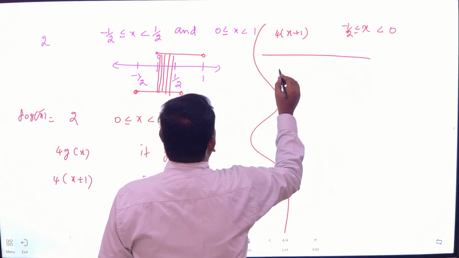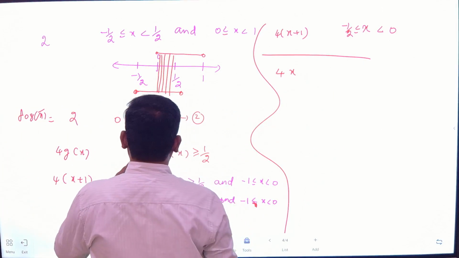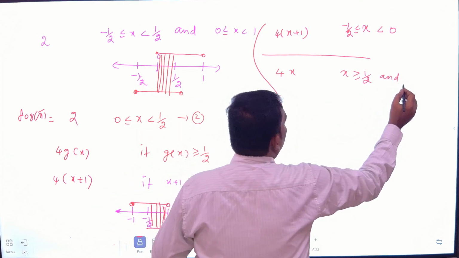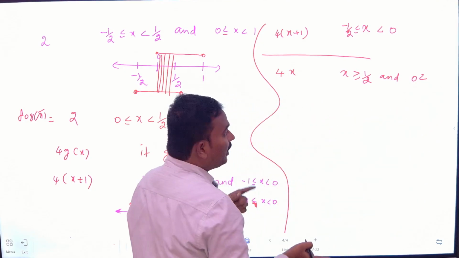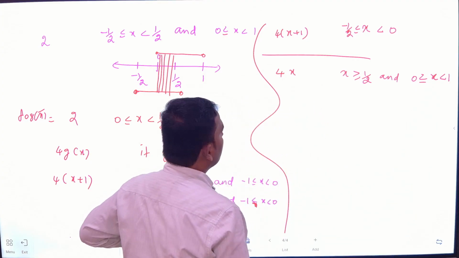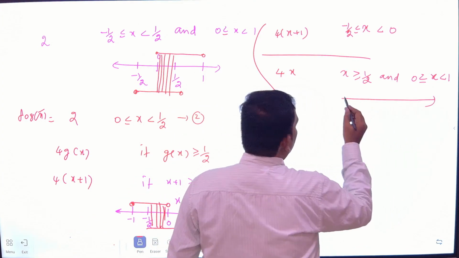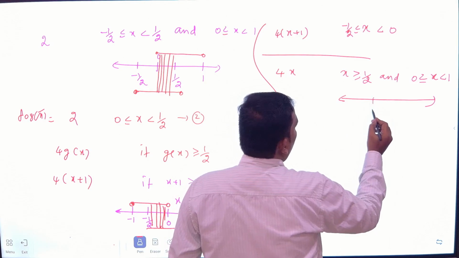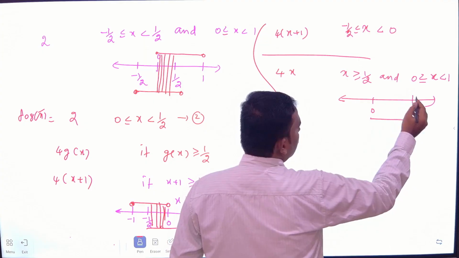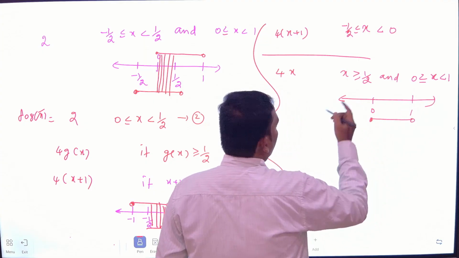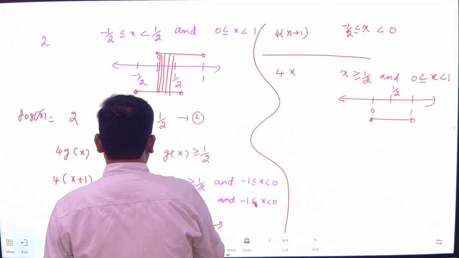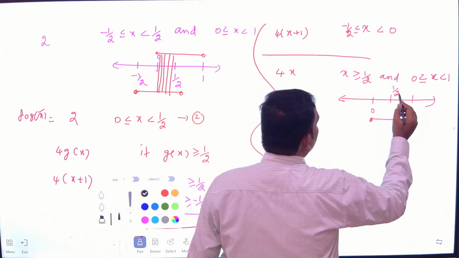The last one, you have to replace g of x here with x. So for the last one, 4 into x, if x is greater than 1 by 2, and x is defined when x is 0 to 1, 0 included. Now you can check the intersection. So 0 here, 1, 0 included, open interval, so 1 is not included. 1 by 2 here, 1 by 2 to infinity.